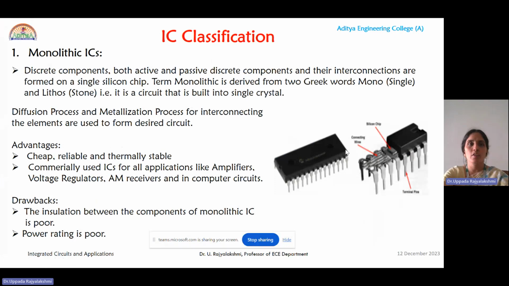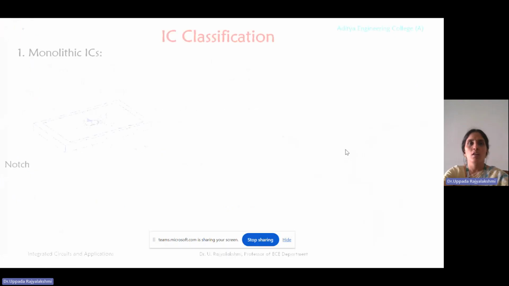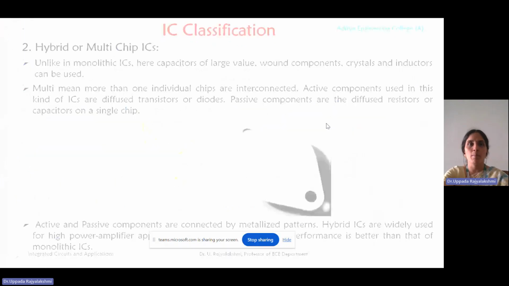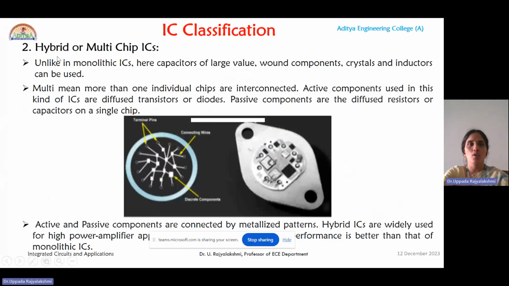So the second type of IC based on fabrication is hybrid IC or multi-chip IC. And here for these hybrid ICs, capacitors or inductors of large value are generally preferred.